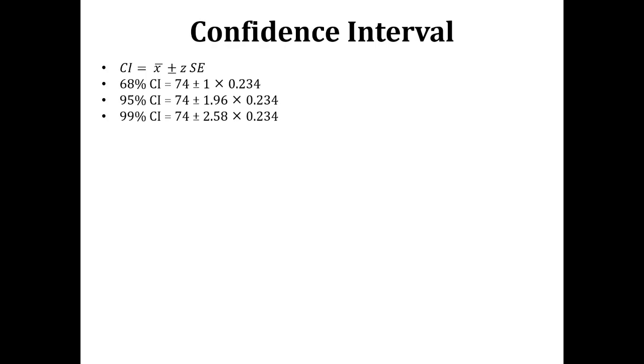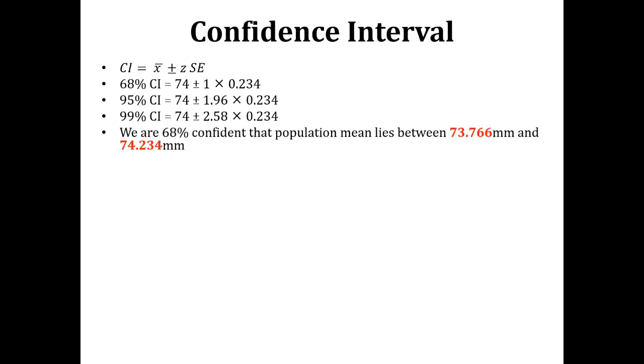We are taking the same example that we were studying, where we had 100 observations of shoot length from a population, and their mean value was 74. The standard error that we calculated for that example was 0.234 millimeters, right? So we put these values into our formula for the calculation of the confidence interval and see what result we get.